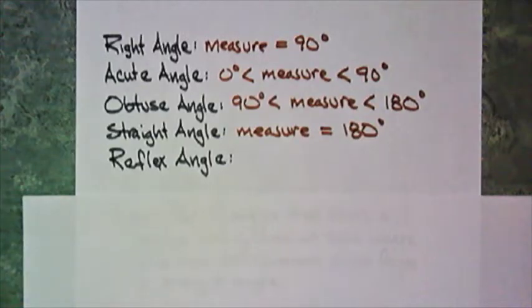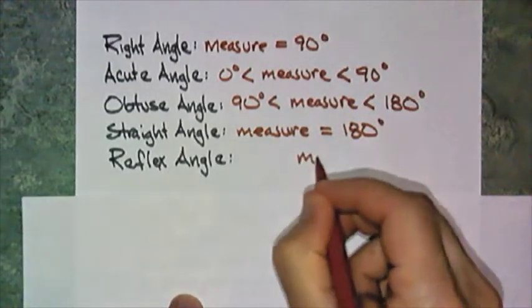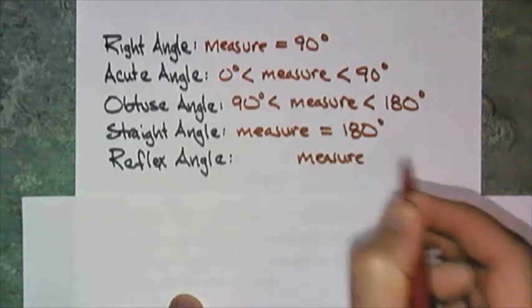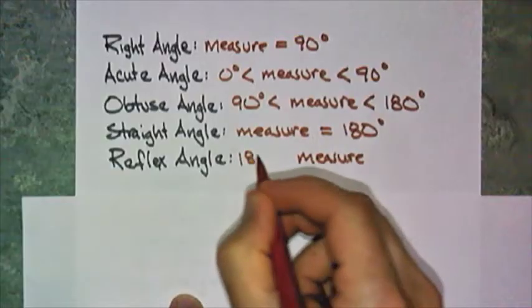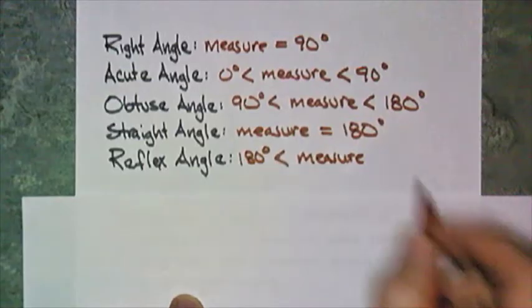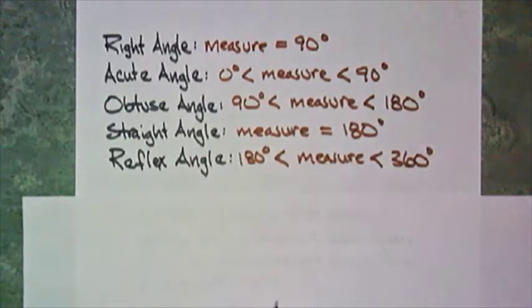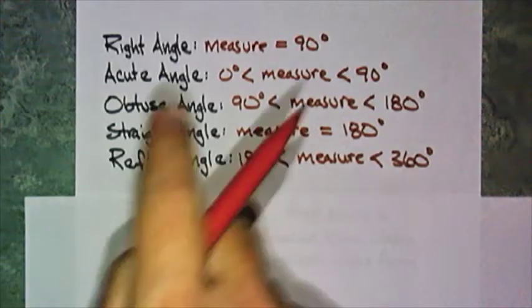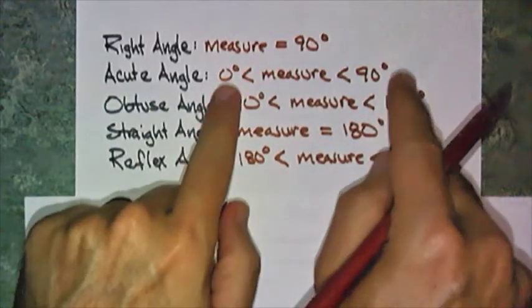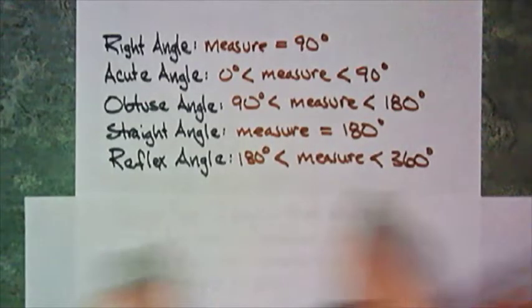A reflex angle is an angle whose measure is greater than 180 but less than 360 degrees. So those are the names for classifying an angle based on its measure. So if I tell you an acute angle, you know where it could be, obtuse and things like that.